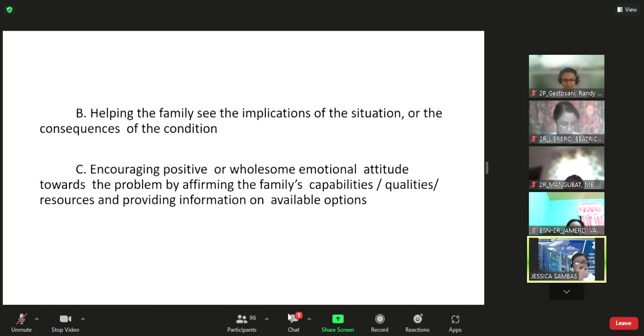Discuss also what the consequences of their action are. We have to present to the family the consequences of walking barefooted, such as letter A, letter B, letter C.